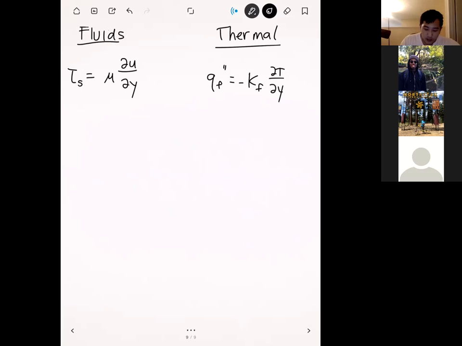And what did we say about the viscosity in this fluid mechanics situation? The viscosity modulated how well momentum transferred between each layer of fluid particles.